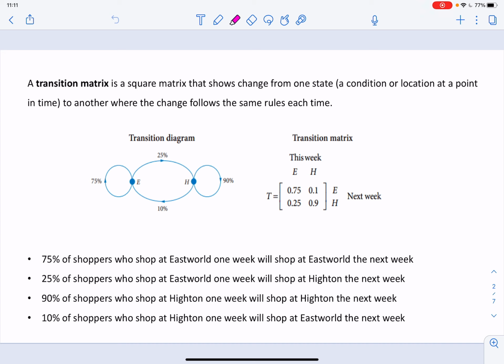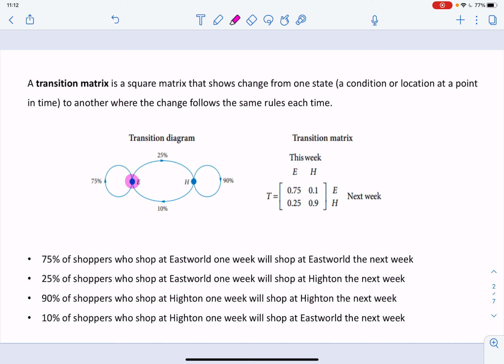So looking at the dot points down below, you'll see 75% of the shoppers who shop at Eastworld one week will shop at Eastworld the next. We're talking about two shopping centres, Highton and Eastworld, so I've labelled them E and H, and jumping back up to the diagram, you can find E here.